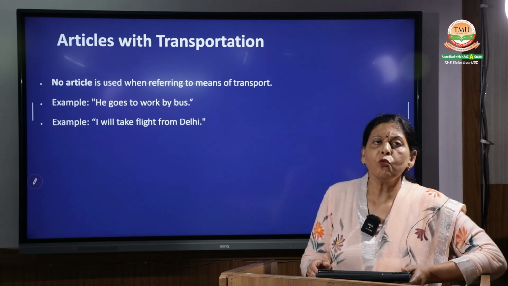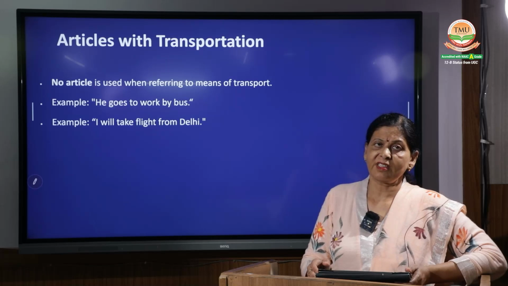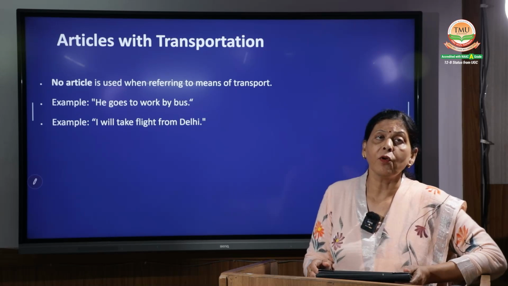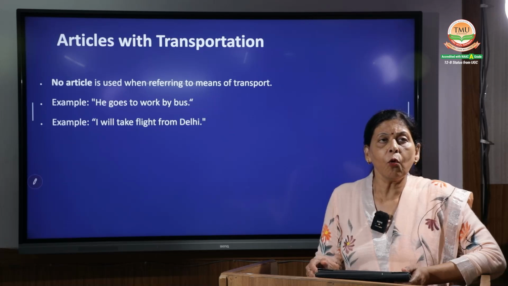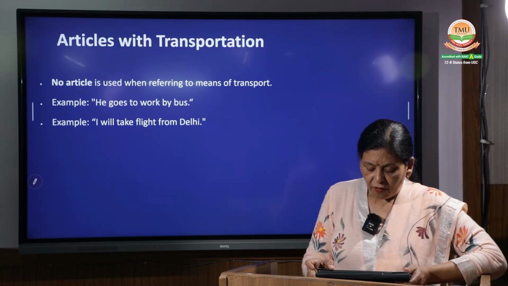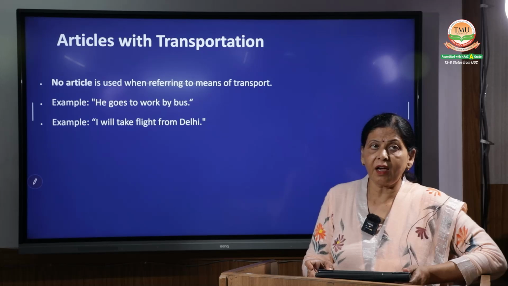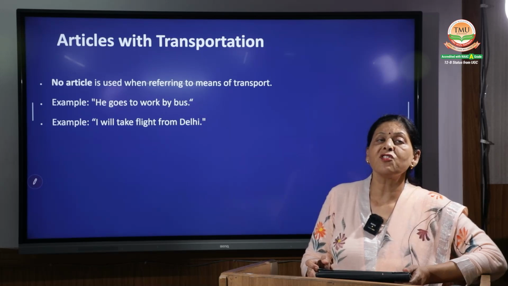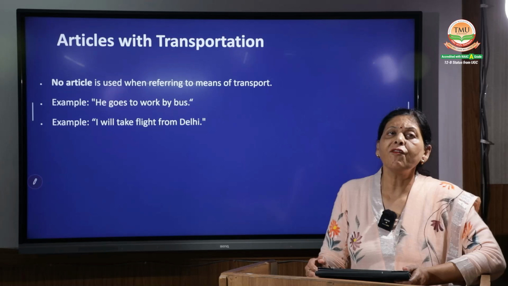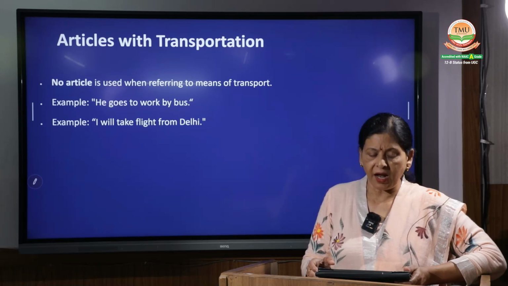He goes to work by bus. He drives car. He knows how to drive car. So in some places, with the words which reflect the means of transportation, we do not use any article.